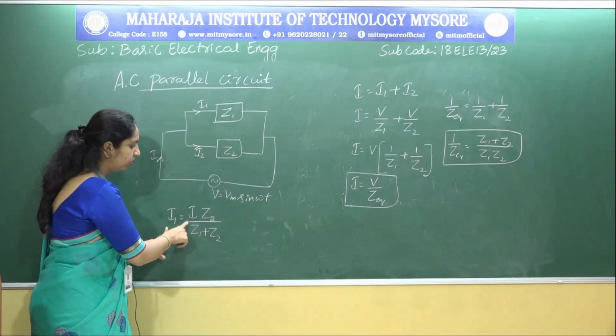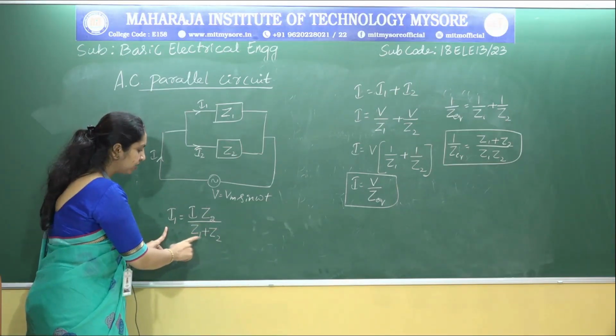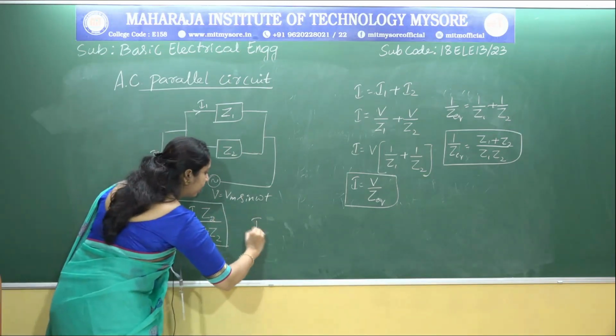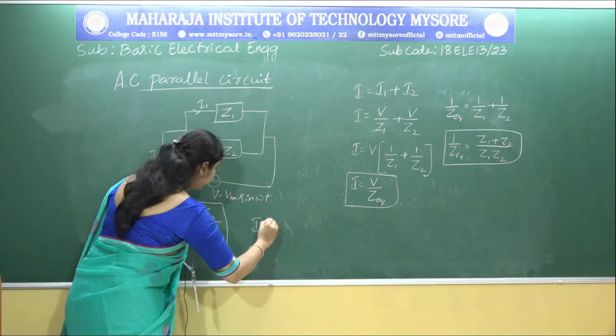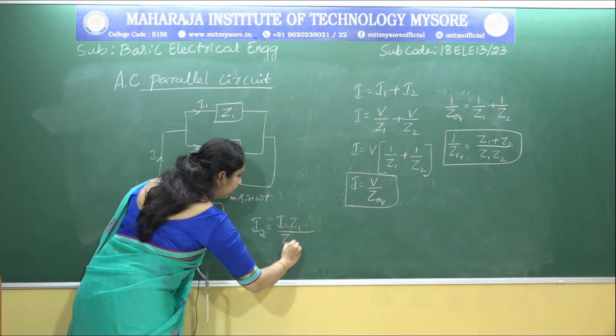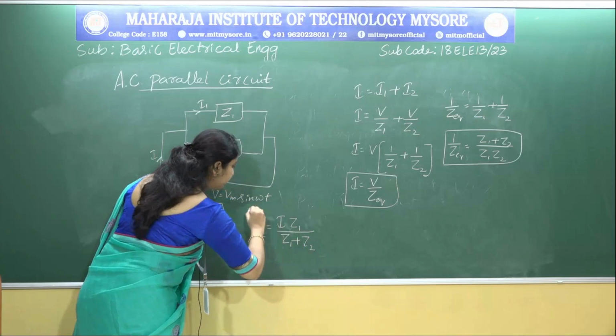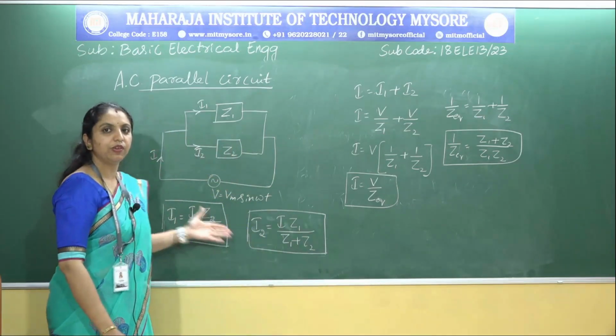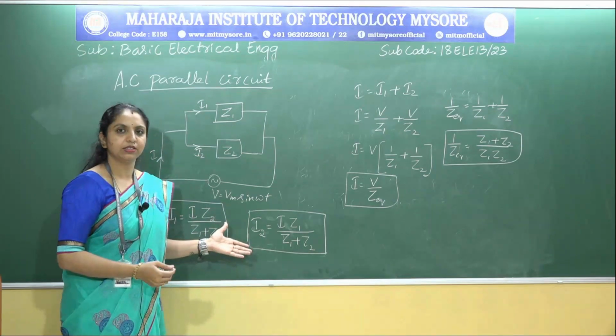So I1 is equal to I into Z2 divided by Z1 plus Z2, and similarly I2 is equal to the total current I into Z1 divided by Z1 plus Z2. In this way we can analyze an AC parallel circuit.